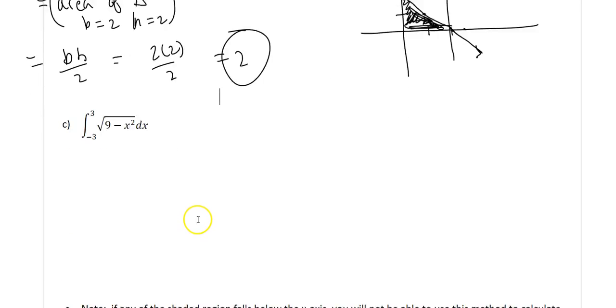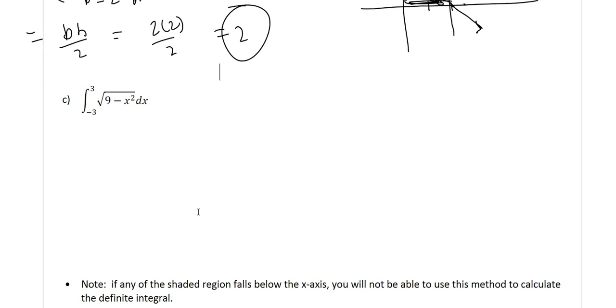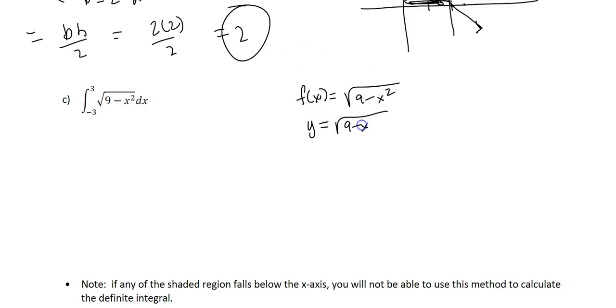Now this one works out fantastically with a geometric representation, because this would be kind of a beast if you were trying to integrate this using the limit definition. So keep in mind that f of x is going to be the square root of 9 minus x squared. So this is the same thing as saying y is the square root of 9 minus x squared. If you square both sides, you get that x squared plus y squared equals 9.